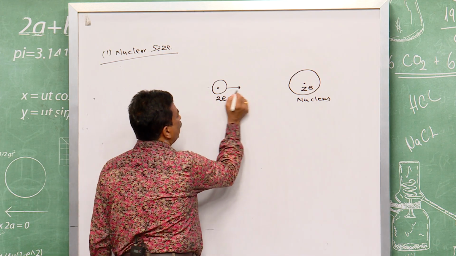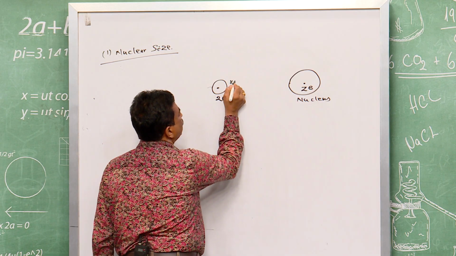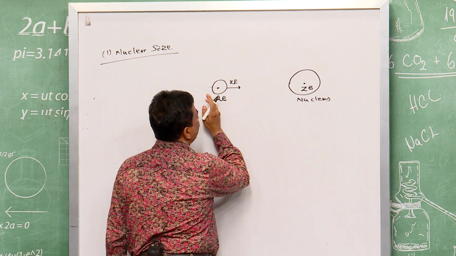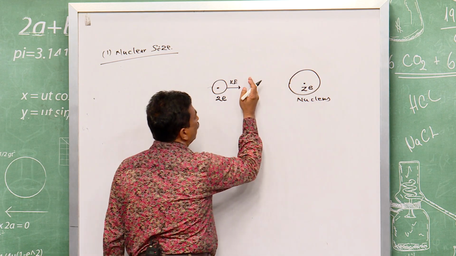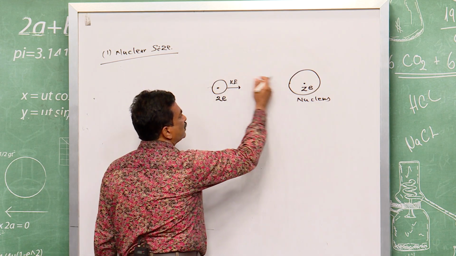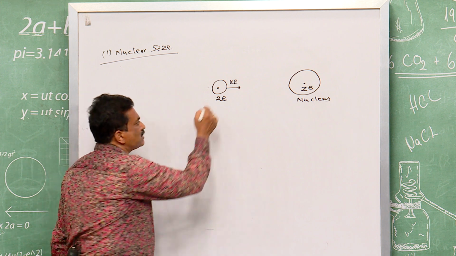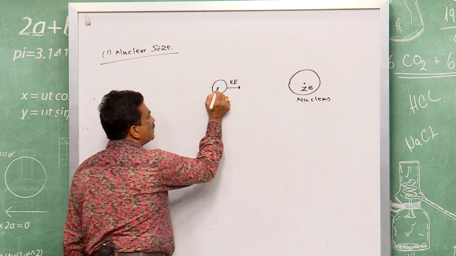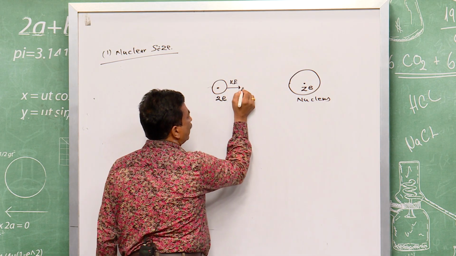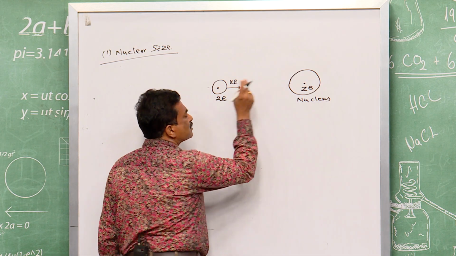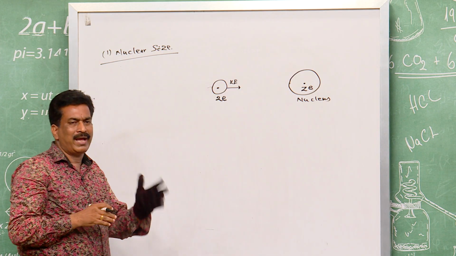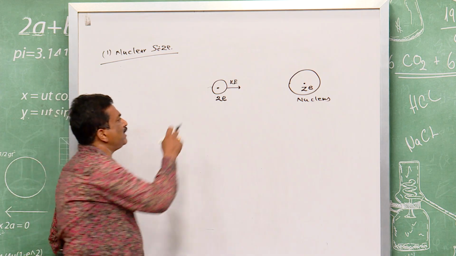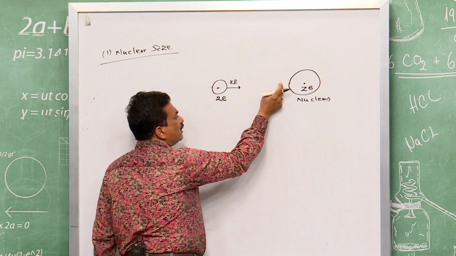So here the alpha particle will move with its kinetic energy, and this kinetic energy will move it from left to right, but due to the repulsion, that force will push it in the opposite direction. So this kinetic energy will gradually reduce, and this alpha particle will proceed up to a certain level where it will remain at rest. That means the kinetic energy will gradually reduce due to this repulsion.